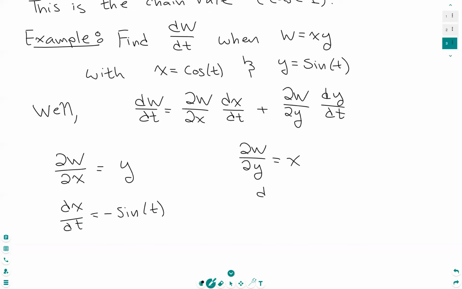And then we have that dy/dt is cosine of t. Now, notice that we have our partial w partial x and partial w partial y in terms of y and x still. We'll have to convert those into their corresponding functions in time. So y was equal to sine of t, and x is equal to cosine of t.